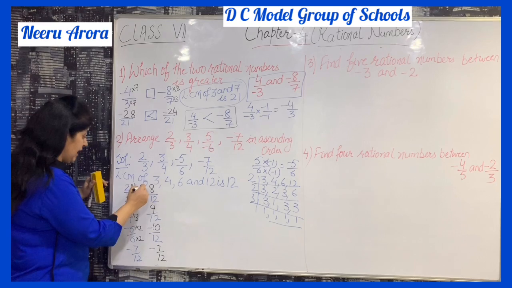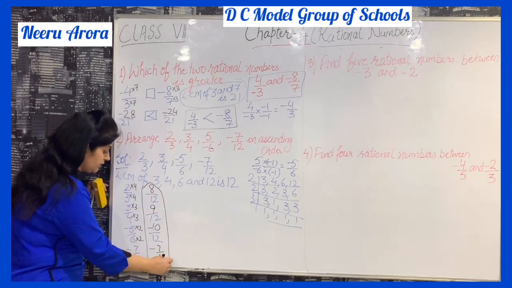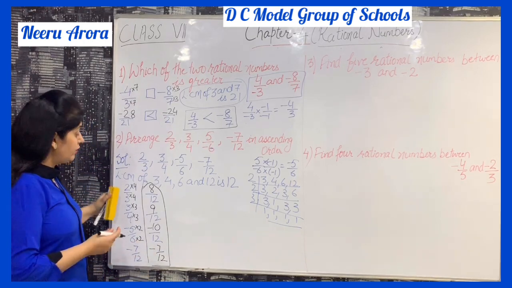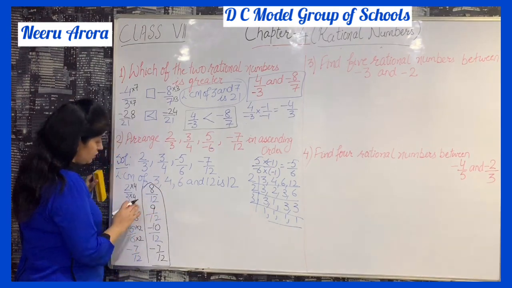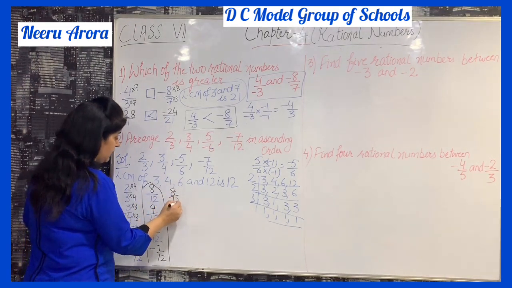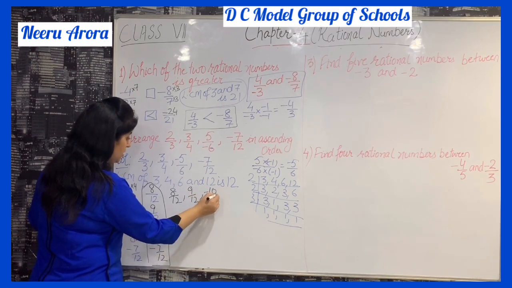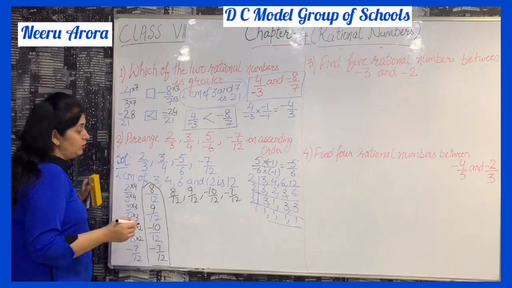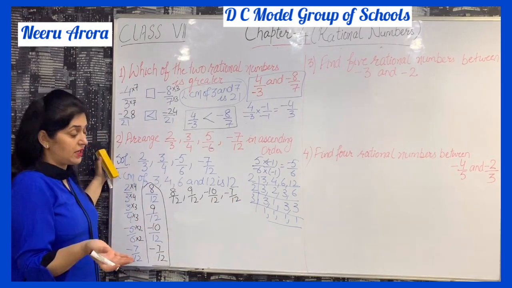Now we have all the rational numbers with the LCM as denominator. Now we want to arrange these in ascending order. So see, the numbers are 8 by 12, 9 by 12, minus 10 by 12, minus 7 by 12. In ascending order we write smallest to biggest.